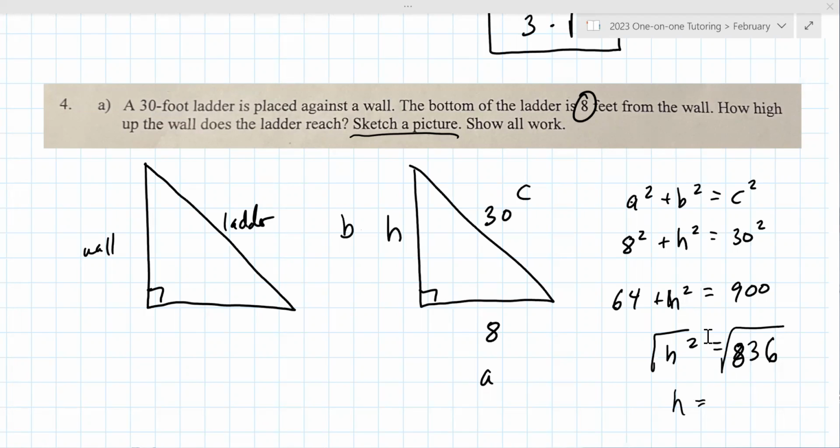You're taking the square root of 836. Is that right? Yes, it's 836. It's not the same number. Yes, I am using a calculator, but I cannot find the square root of it.